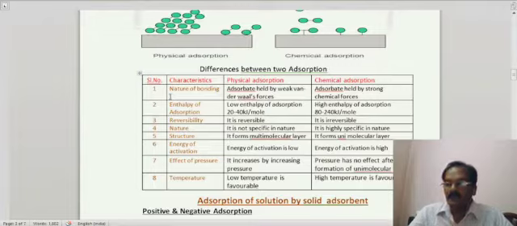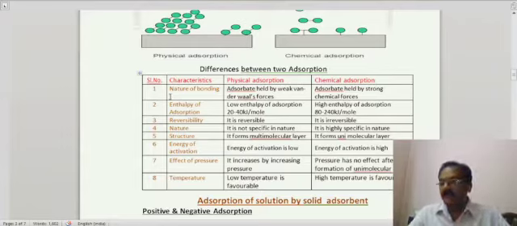It means the same surface of the adsorbent can have any number of adsorbed molecules on the surface. That means either you can adsorb CO2 on the surface of charcoal, or you can adsorb other gases on the surface of charcoal. Like this, different types of substances can adsorb on it. So it's not specific for a particular type of adsorbate molecule.